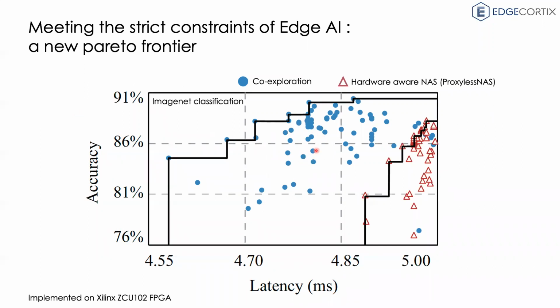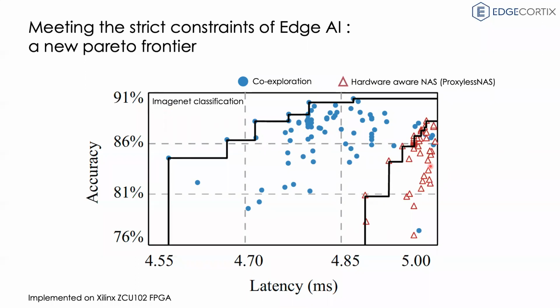The blue dots that you see here are obtained using co-exploration. In this case, you're running this algorithm multiple times, sampling for a typical standard task like ImageNet, which is a task used in academia to come up with or design better neural network architectures.